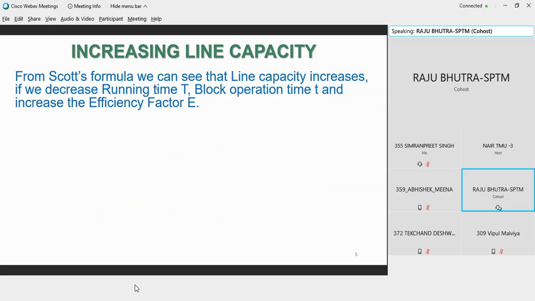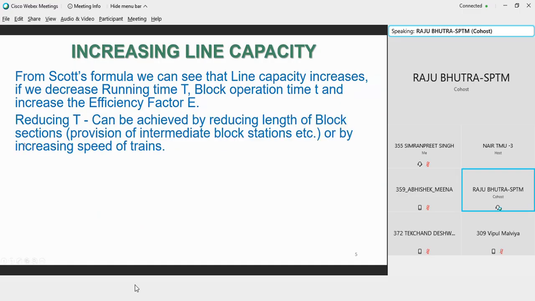From Scott's formula, we can see that line capacity increases if we decrease running time capital T, block operation time small t, and increase the efficiency factor E. So to increase the line capacity of a section, we have to reduce capital T and small t, and we have to increase the efficiency factor E. Now, how can we reduce capital T?